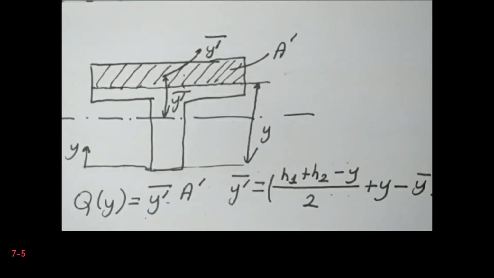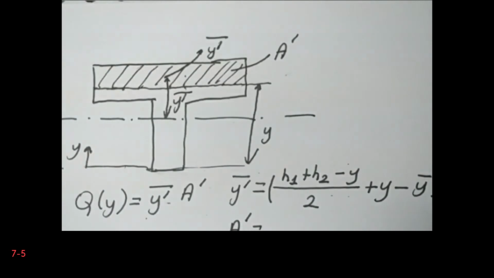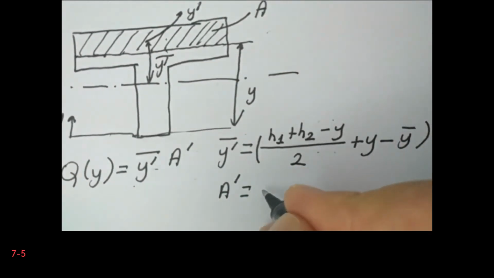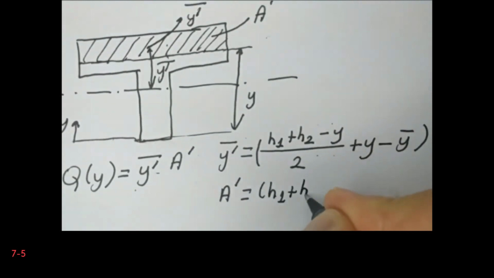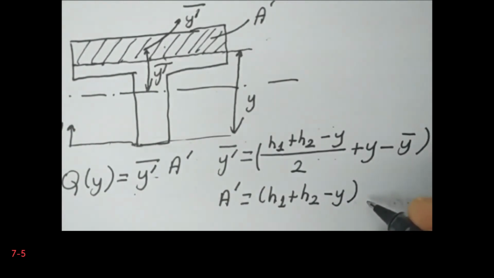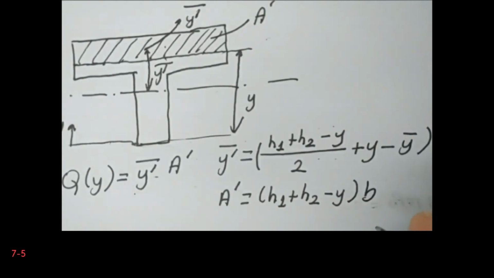Let's calculate the area. A prime is then h1 plus h2 minus y, so this is the thickness, multiplied by b. This is the area. Now we can write the Q, first moment of the area, as a function of y.